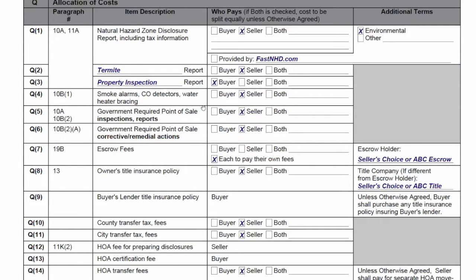It doesn't apply and there's no obligation. And if the city does require it and there is corrective action, why on earth would the buyer pay for it, unless it's a total tear down fixer or whatever? So either way, it should be addressed in the RPA rather than being negotiated later.